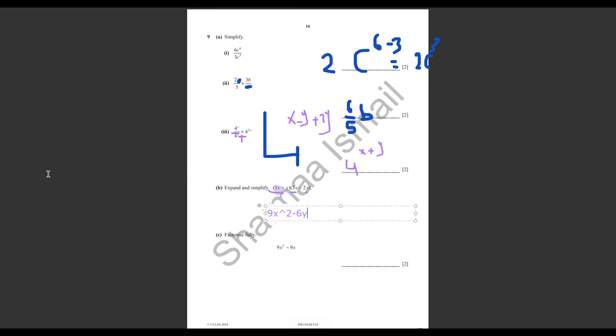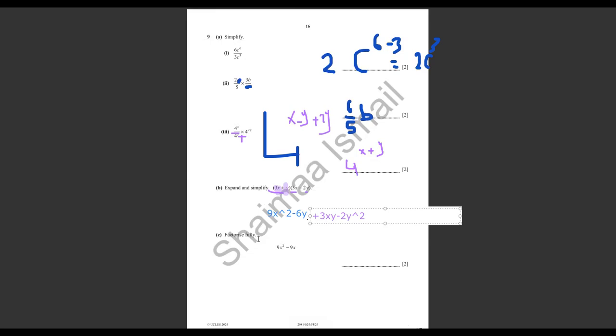And here again, we move to the next. We do this: the positive y multiplied by 3x, which equals plus 3xy, and minus 2y multiplying by y, which is minus 2y squared.